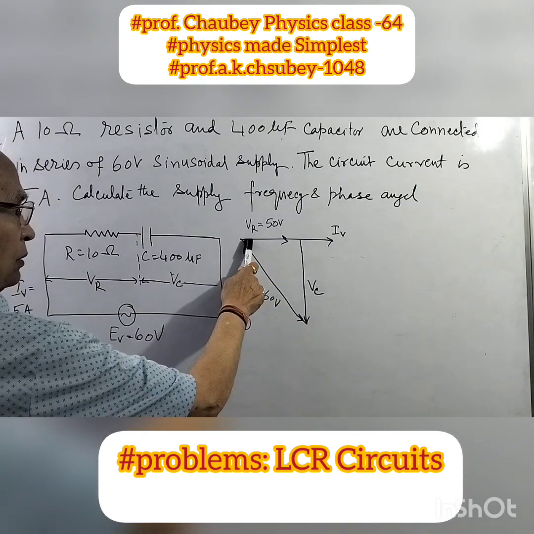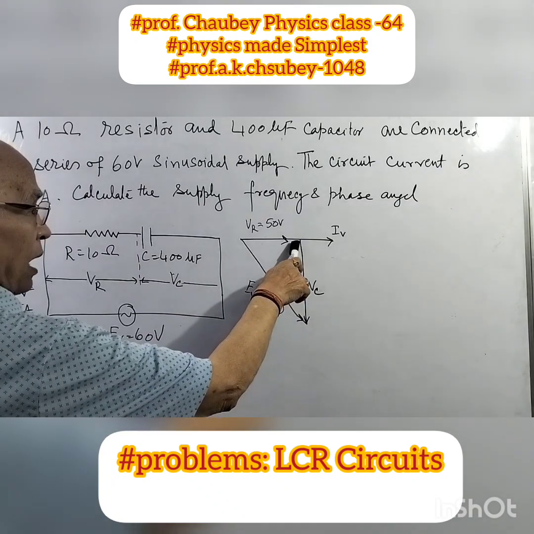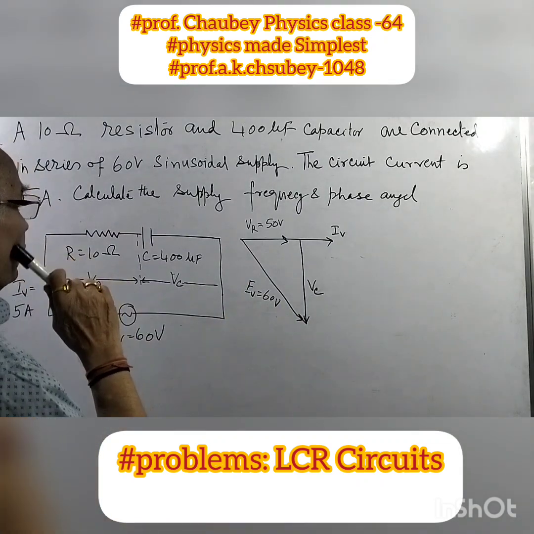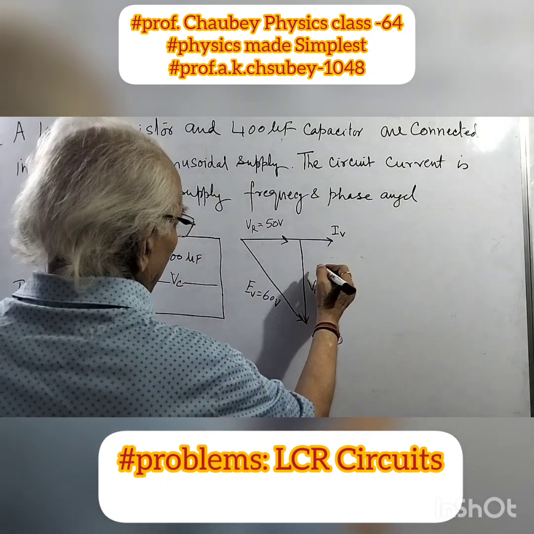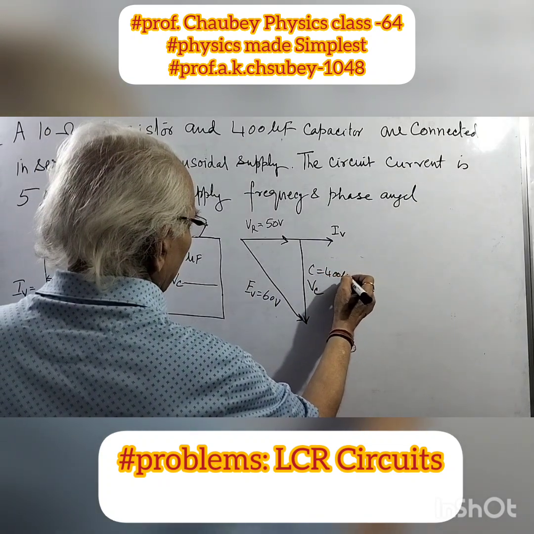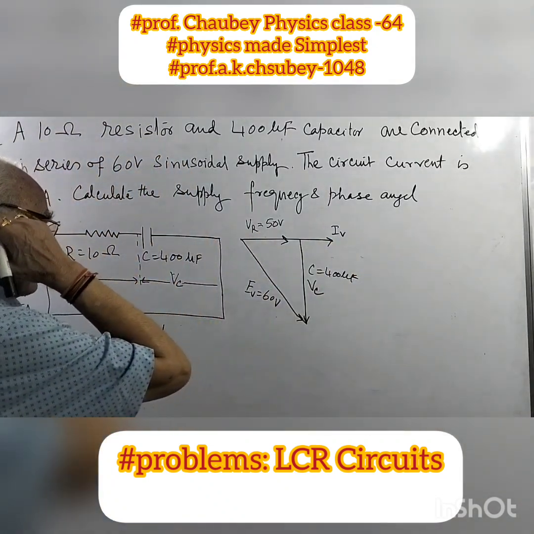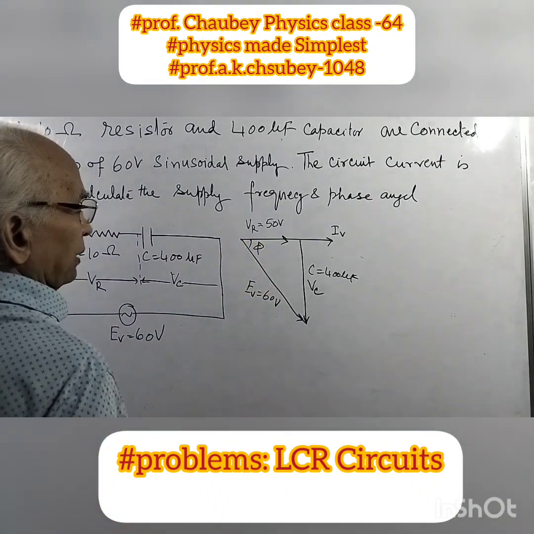This is the vector representing VR, and this is the perpendicular VC, the voltage across the capacitor, where C is 400 microfarad. And this is the current vector I. And this is the phase angle phi that we have to find out.